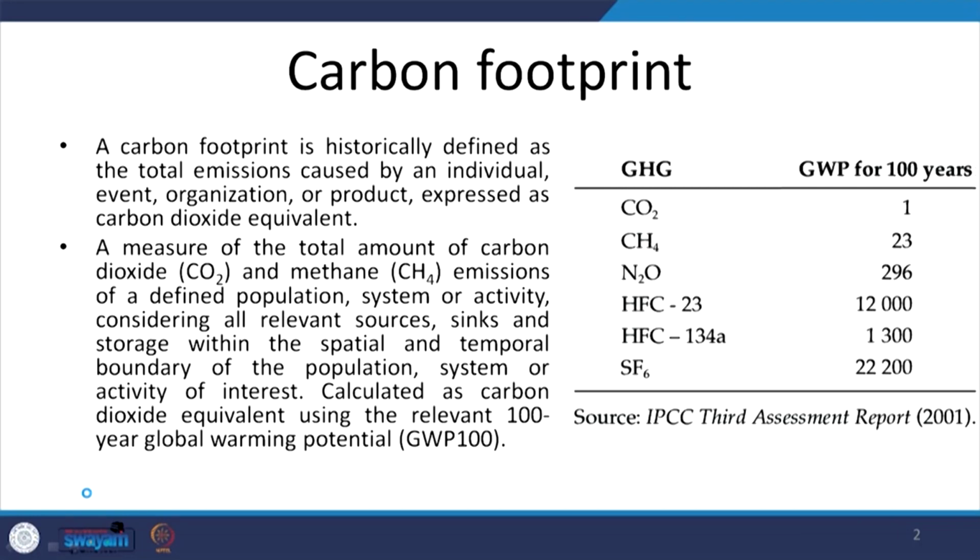Now, what we are trying to look at here is when we are constructing our buildings, we have to be aware of the different processes that go in it, the different materials which are going in it and the associated carbon emissions. For example, let us take any activity for that matter.